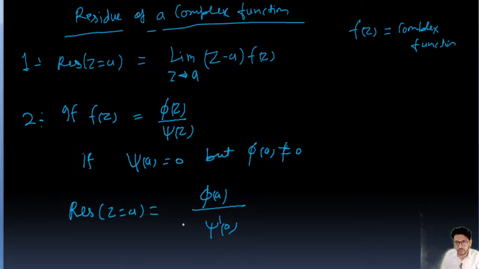So residue at z equal to a is phi(a) upon psi dash(a). Okay, this is the second way.